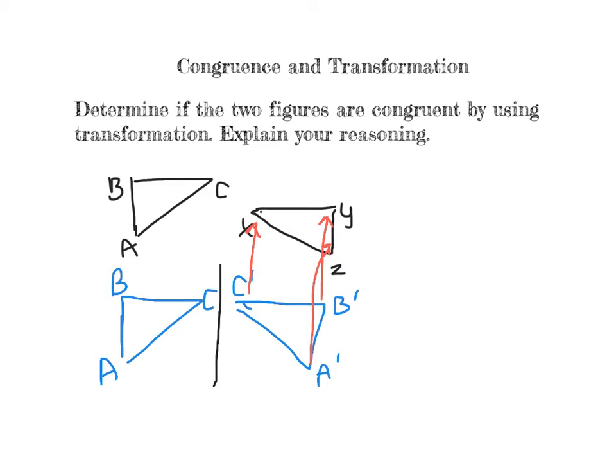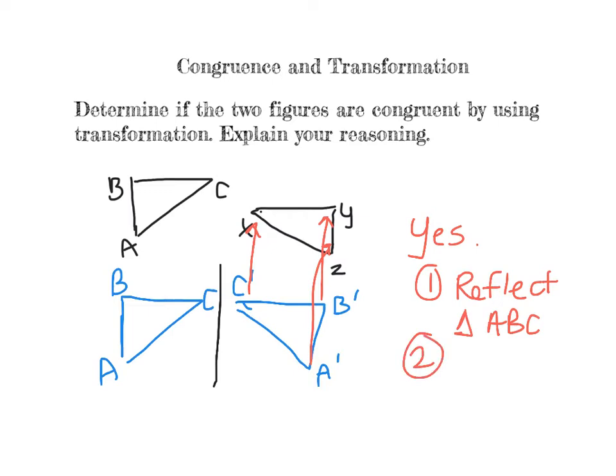In order to say yes, these two triangles are congruent, using transformation in my explanation, I would say yes, they're congruent because if I first reflect triangle ABC, then translate or slide the triangle up, they match.